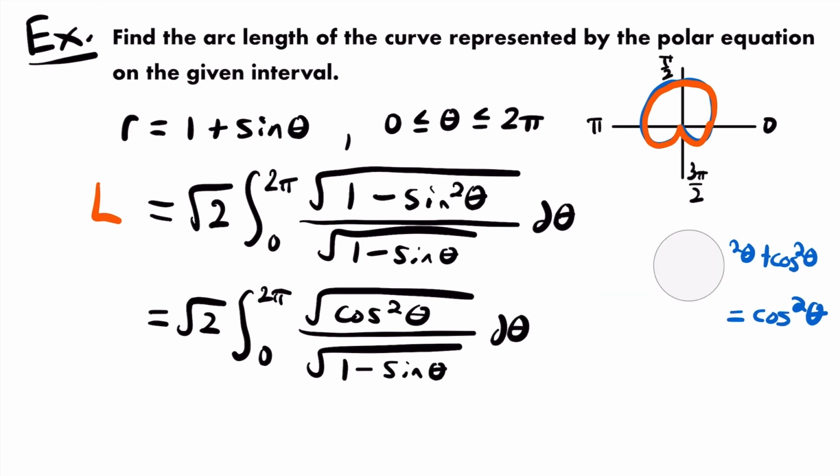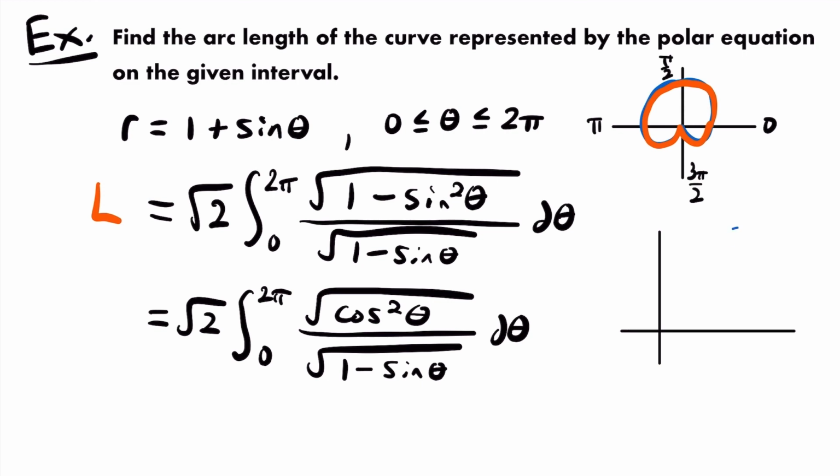All right, and now at this point, we can take the square root of cosine squared theta, but we do need to be careful. This is similar to what happened in our previous example. When you take the square root of cosine squared theta, you need to make sure that the square root of that, which would be cosine theta, is positive between the two angles of theta that we are integrating over. All right, now the graph of cosine, in this case, we're going to look at cosine x, where this is the x-axis and this is the y-axis.